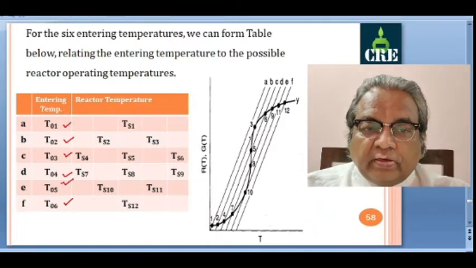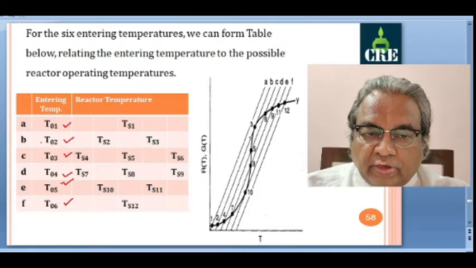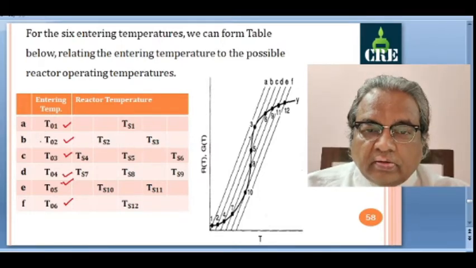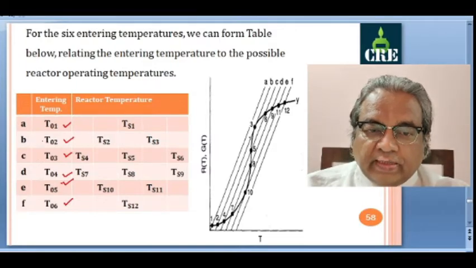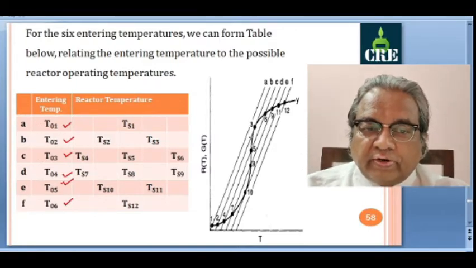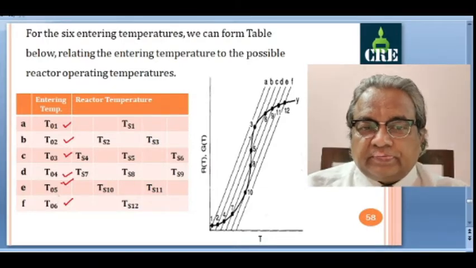We have taken one low entering temperature first, then increased it by a few degrees, then further increased it by a few degrees. Like that we have increased our entering temperature from T01 to T06.